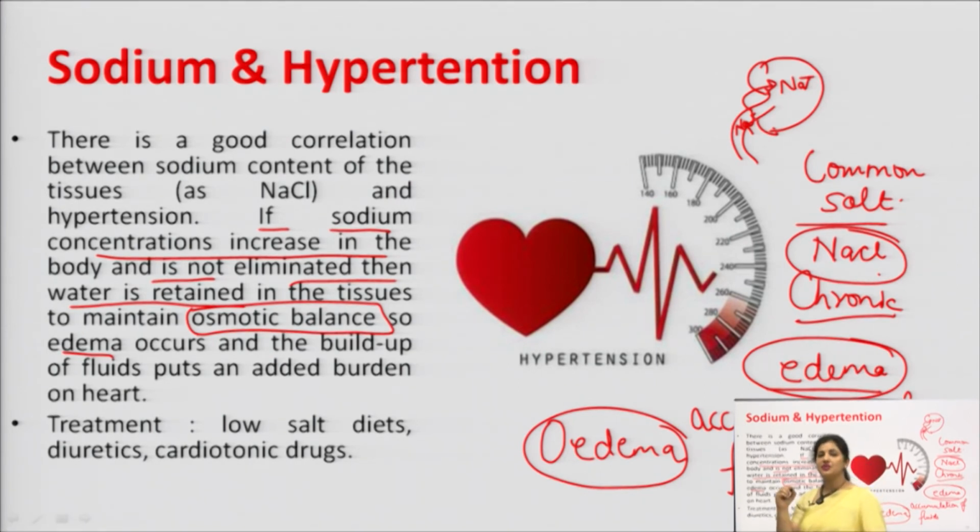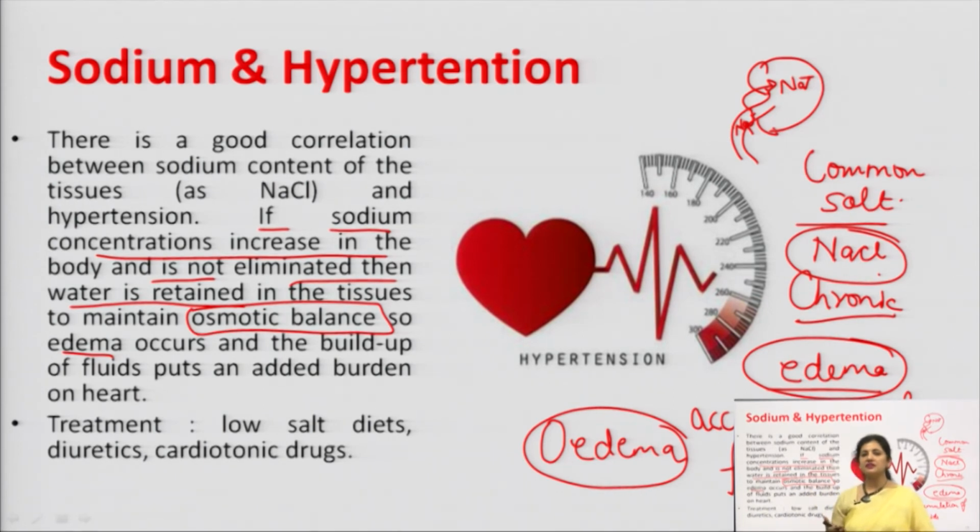So, that is going to lead to the problem of hypertension, or if a patient is already suffering from hypertension, it is going to worsen the disease, and it is going to create more complications for the patient, right.